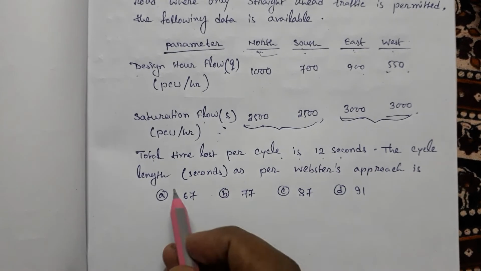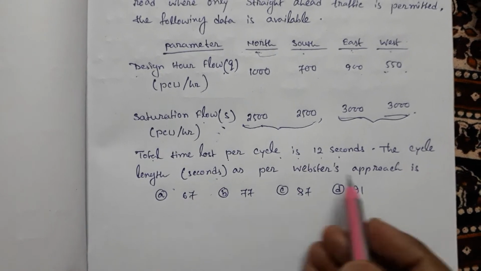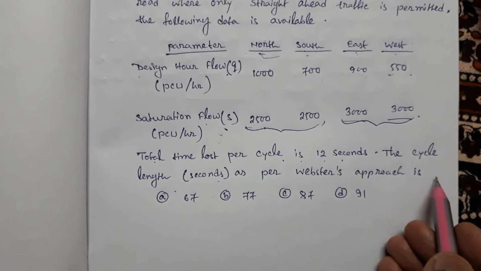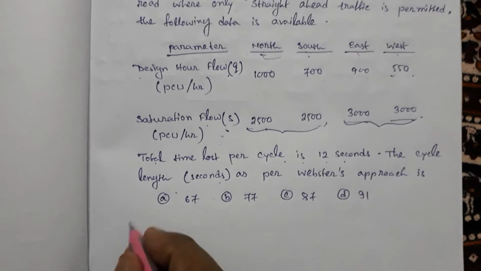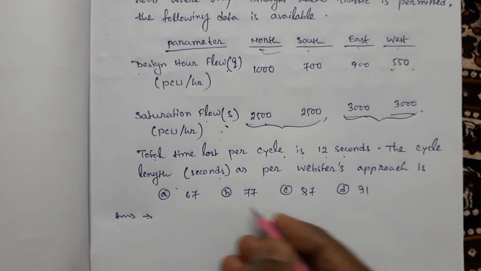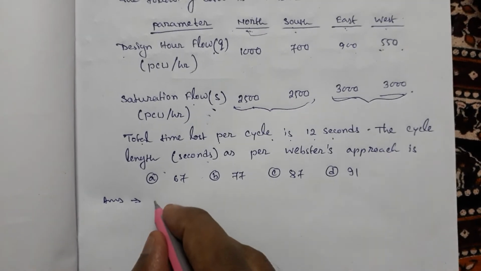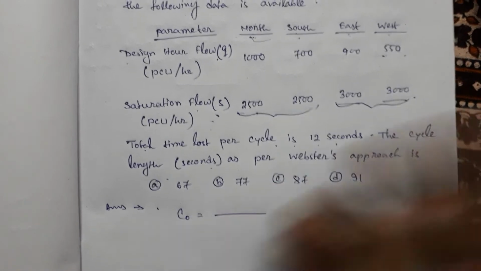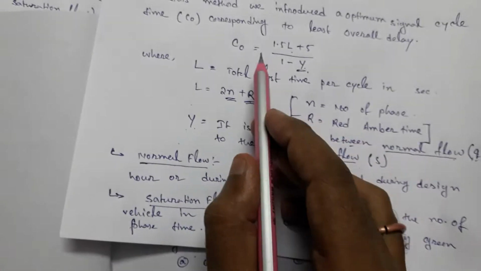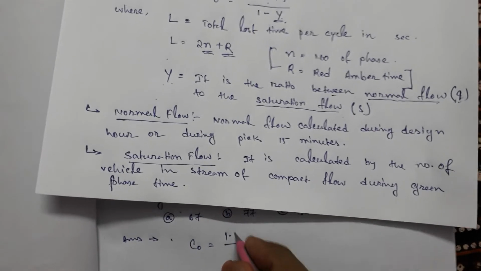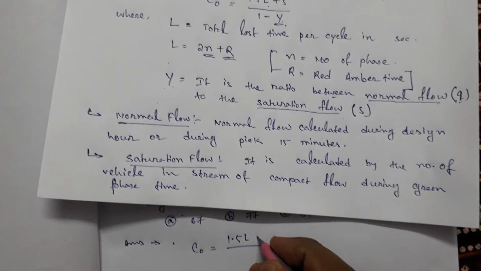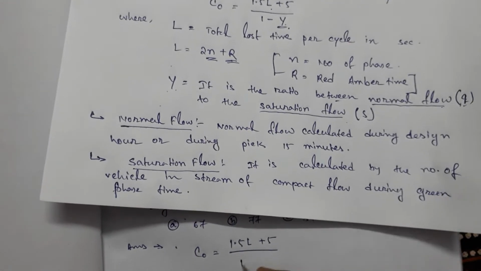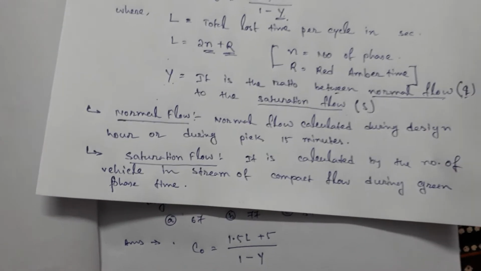The cycle length in seconds as per the Webster approach is asked. That means using the Webster method. The Webster method formula is written here: 1.5 L plus 5 divided by 1 minus y.